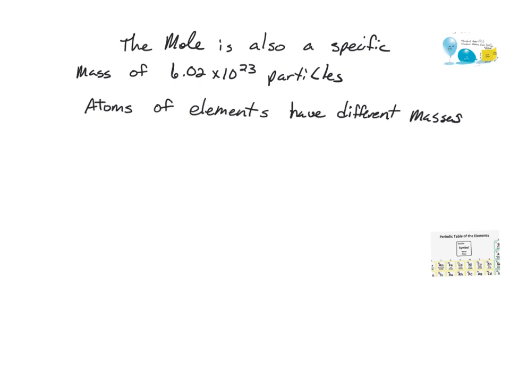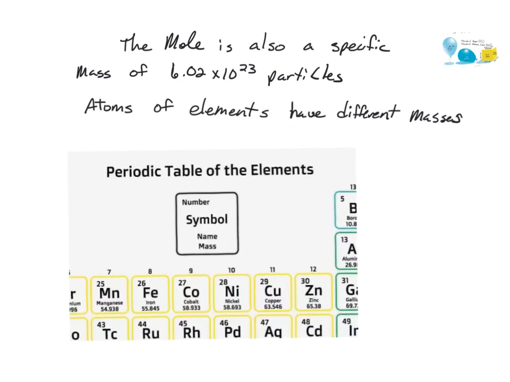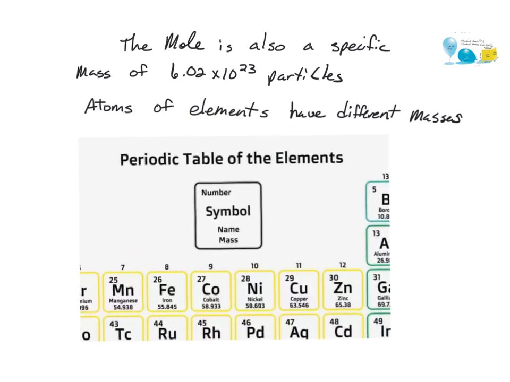So let's take a look at a picture of the periodic table. And whenever you're looking at a periodic table, you're going to see that there's usually a key, and it'll tell you what's in the top corner, what the symbol for the element is, what the name of the element is, and down here is the mass. So that's going to be the weight of one atom in a unit called AMU. Well, with the mole, all you have to do is change AMU to grams.